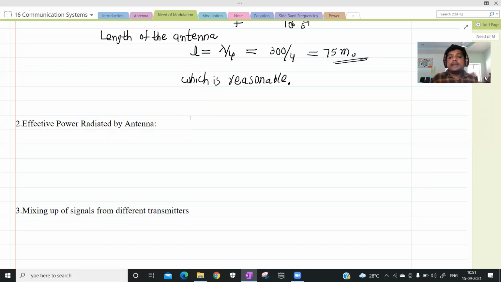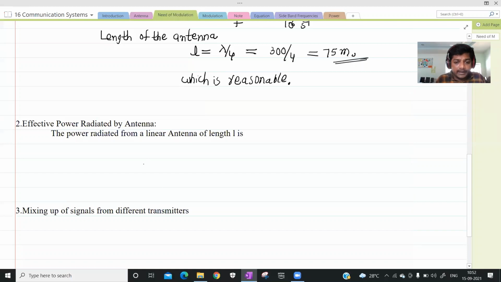Here I will give you a small note: the power radiated from a linear antenna of length small l is the effective power radiated.